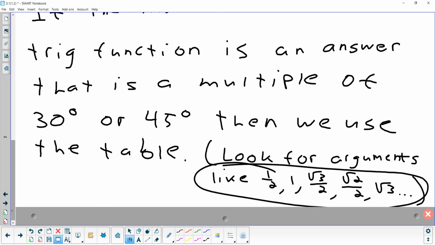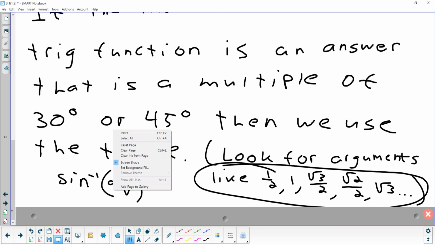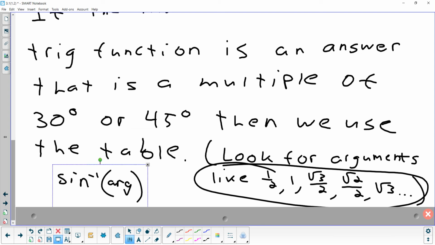Right? And this might be the first time I've used this word here, I'm not sure, but the word argument. The argument is the thing that you're plugging in. That's called the argument. It's the thing that you're plugging in to the inverse sine function.